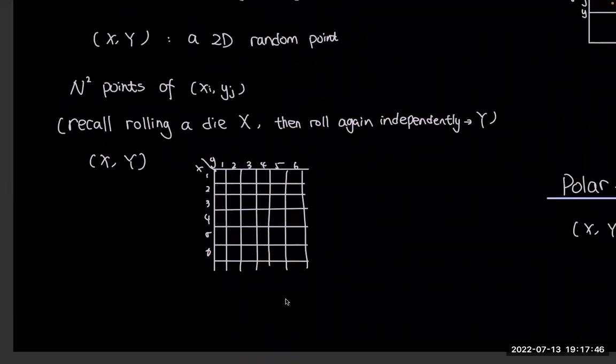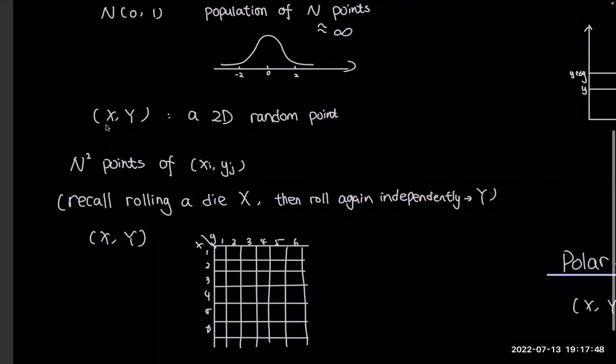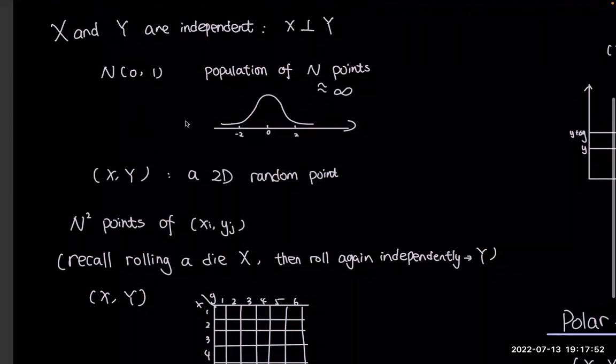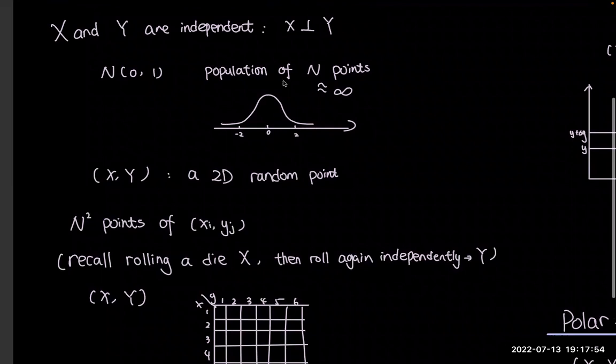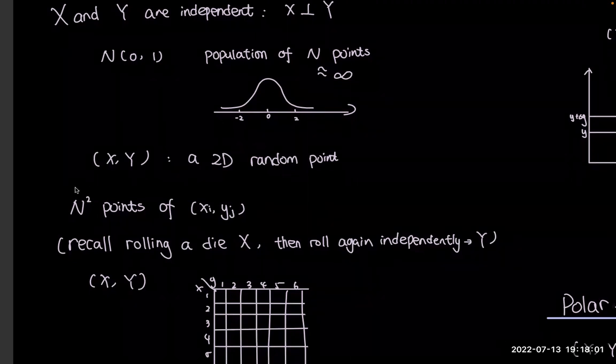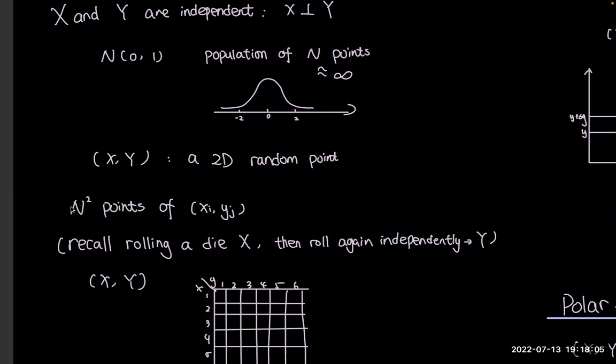And we can generalize this notion to more general sampling. Suppose we sample x and y from f of x and f of y, so from the same density. Here you had 36 pairs, but here you actually have n squared pairs.